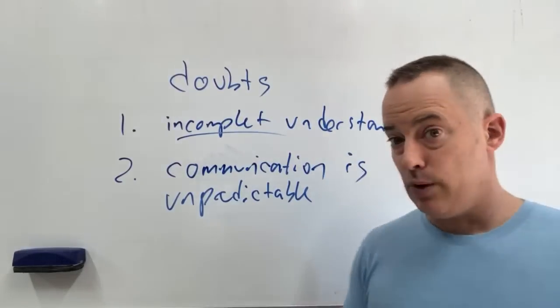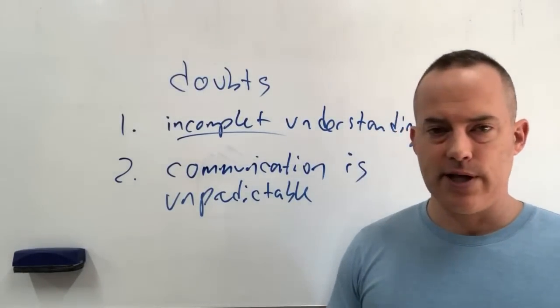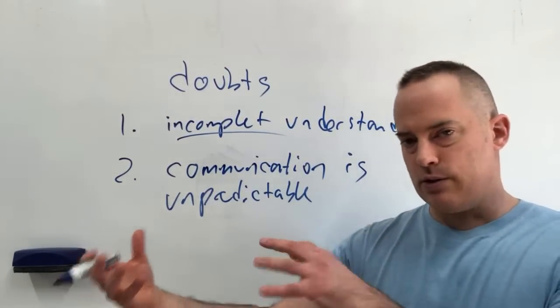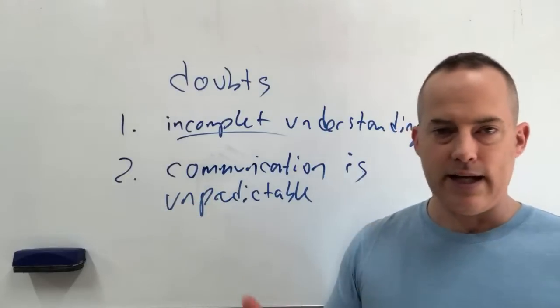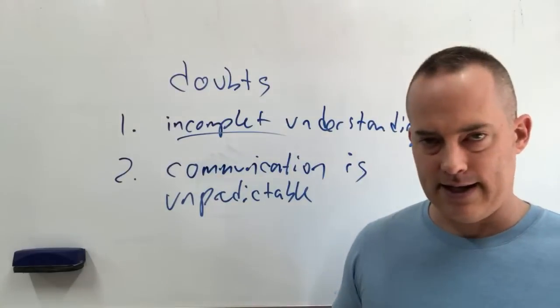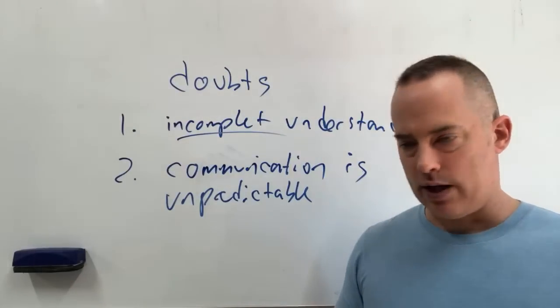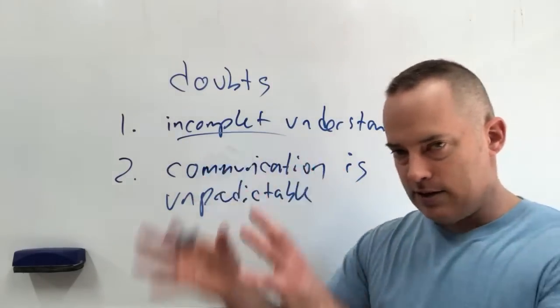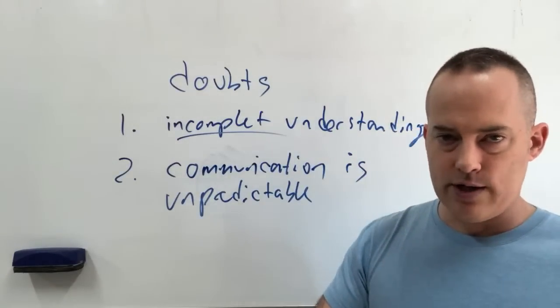Communication is unpredictable. This means when you get into a conversation, even if your teacher tells you to say one thing, maybe natives will say something different, or their pronunciation will be different, or they have an accent, or they mumble, or they speak quickly, or whatever. So the language in the classroom is different than the language of the real world.